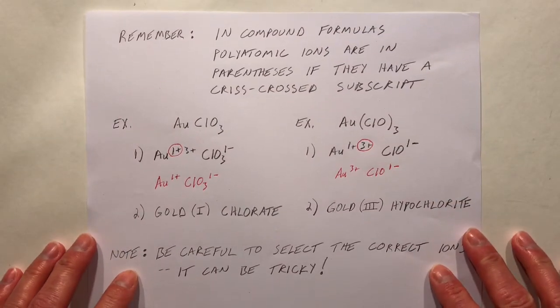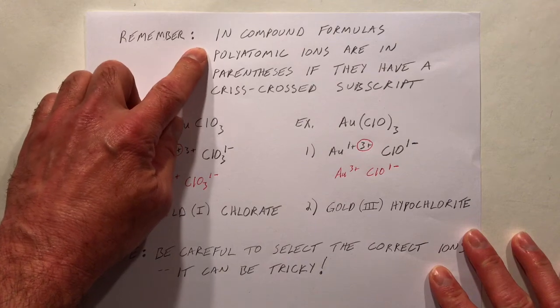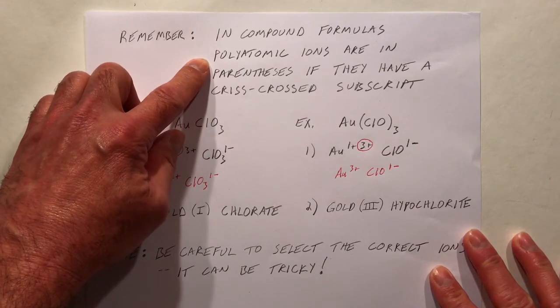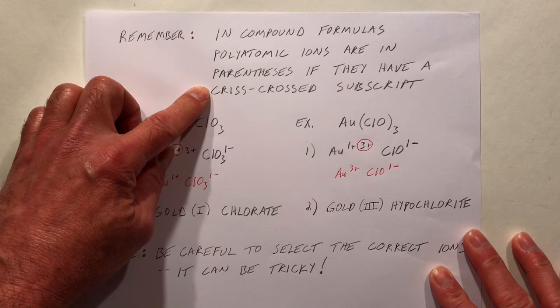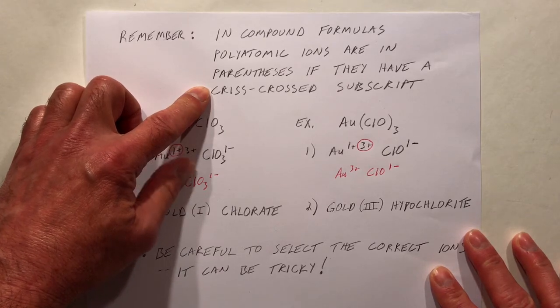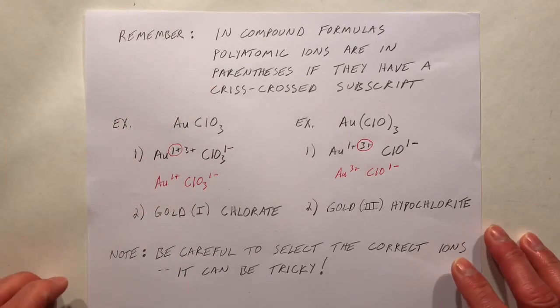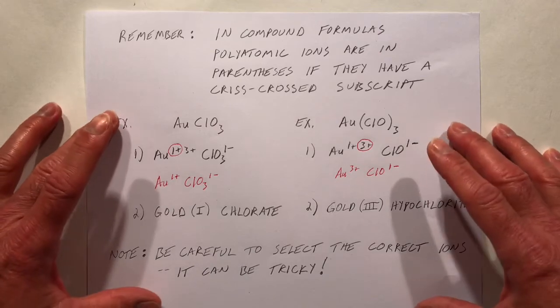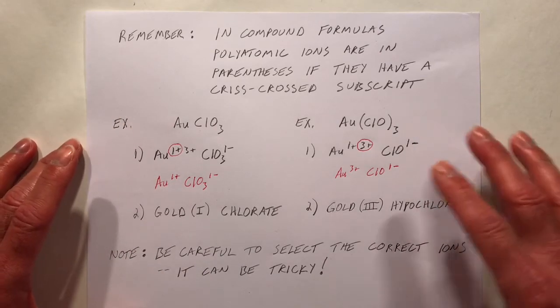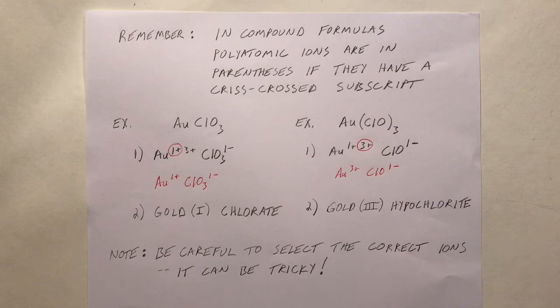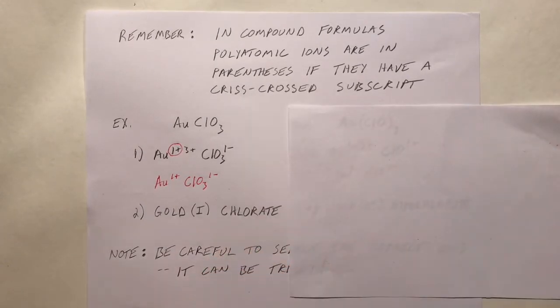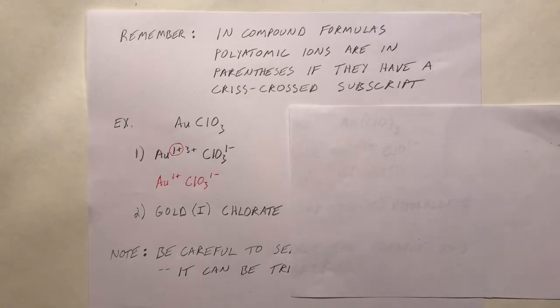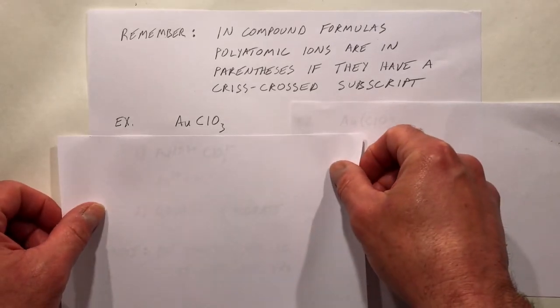All right, so in compound formulas, polyatomic ions are in parentheses if they have a subscript that we crisscross to the outside. And if you remember that, that means that it can maybe simplify some weird examples. Let's take a look at these. In this left-hand example, we have AuClO3.